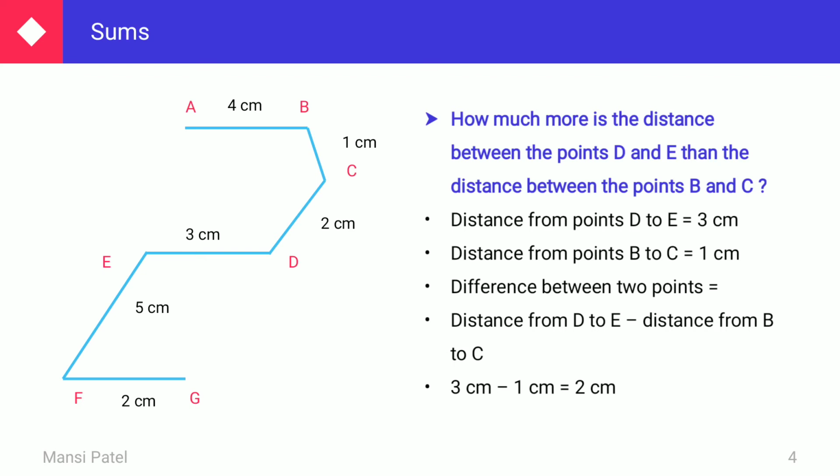Means we can say that 2 centimeter is the more distance between the points D and E than the distance between the points B to C.